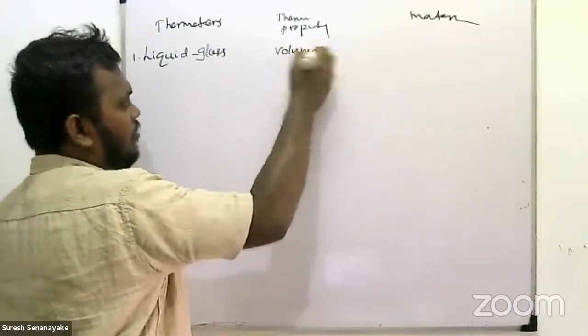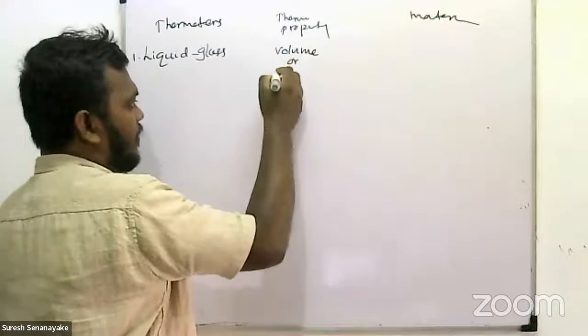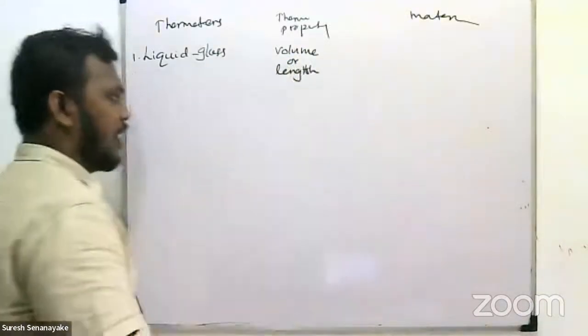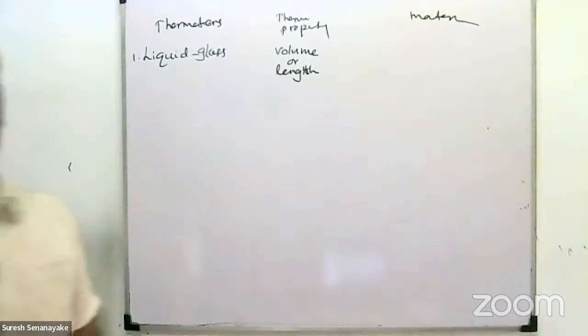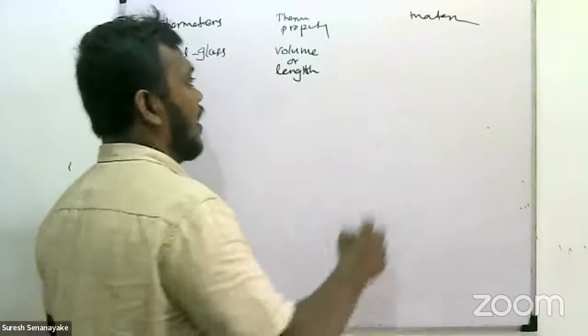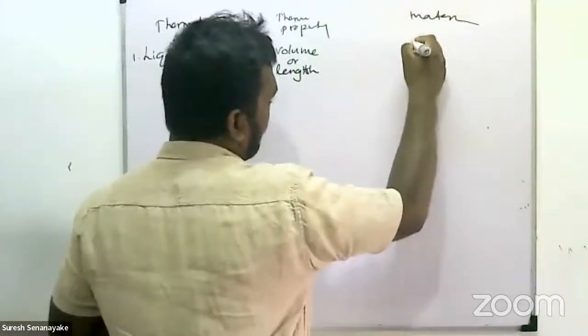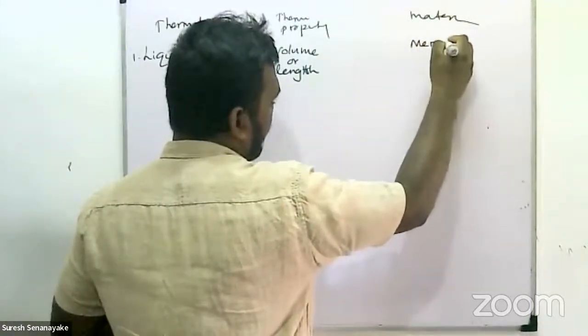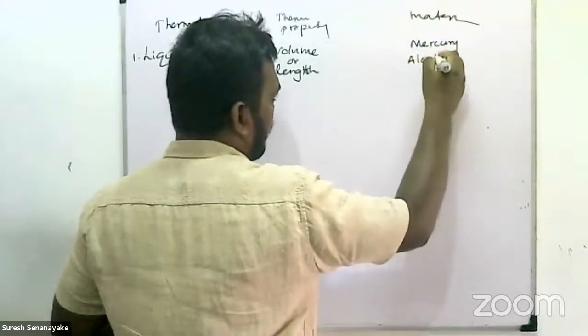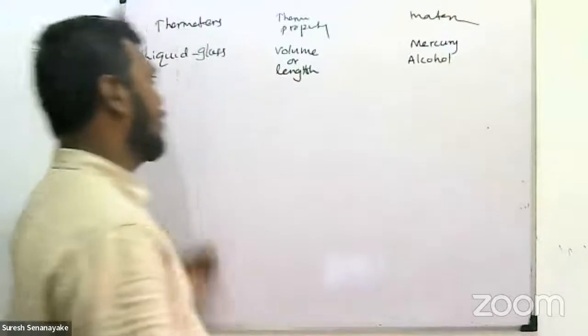The liquid volume, or we call it a length. If you consider the same cross section, the uniform cross sectional area of a tube, you can consider the volume proportional to the length. And the materials most commonly used are mercury and alcohol. Alcohol thermometer is also there.